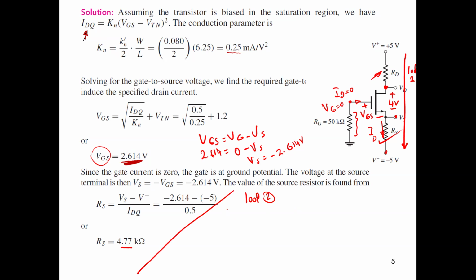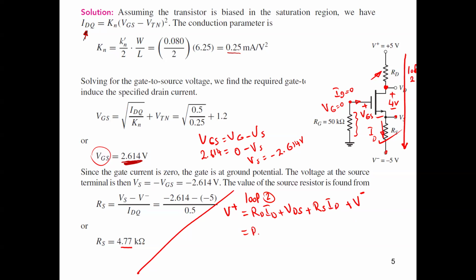So I'm going to say V plus equals RD ID plus VDS plus RS ID plus V negative. So this is the equation. Now you can substitute.